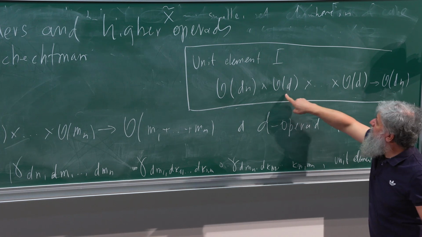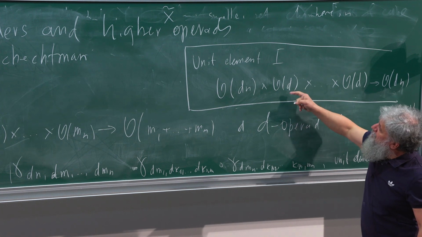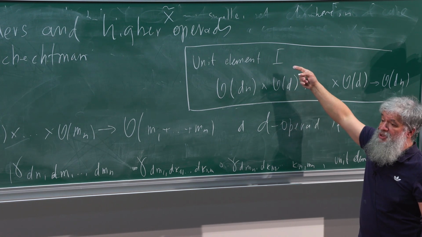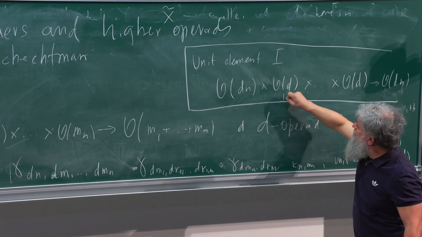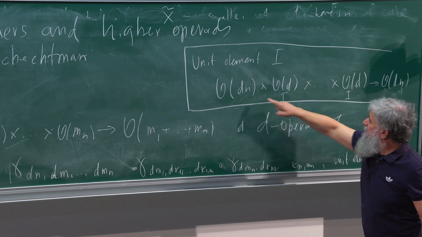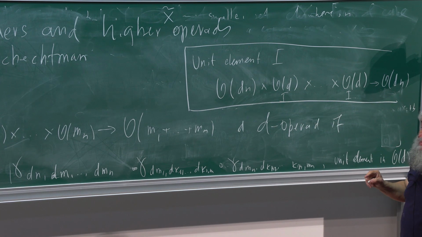In O(D) it could be more than one element, but there is some element here, so if we put I here, then this would be the identity map.